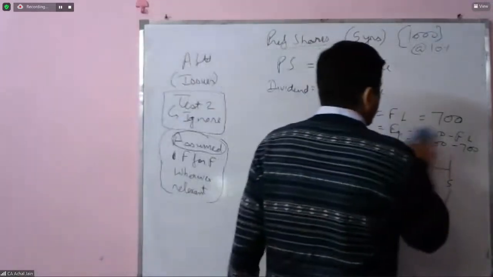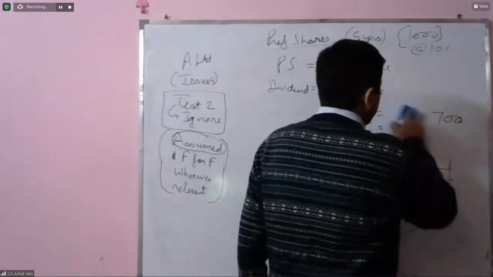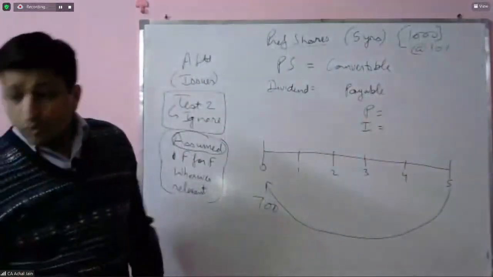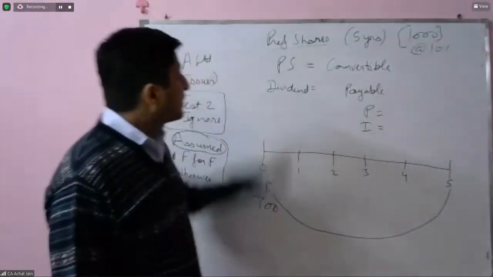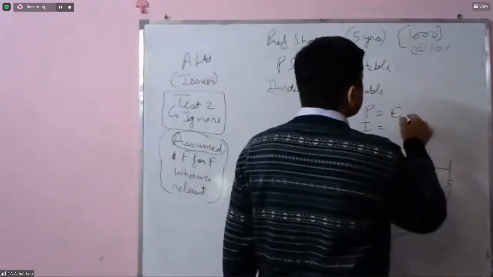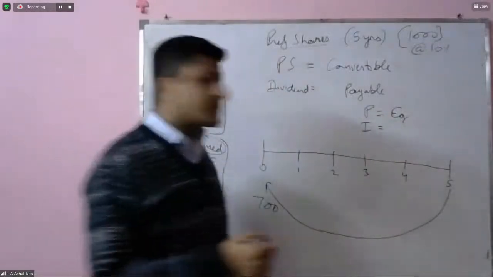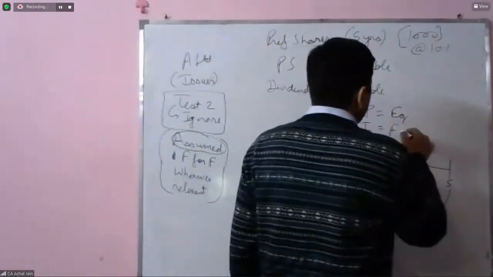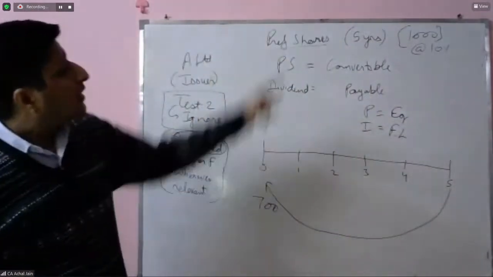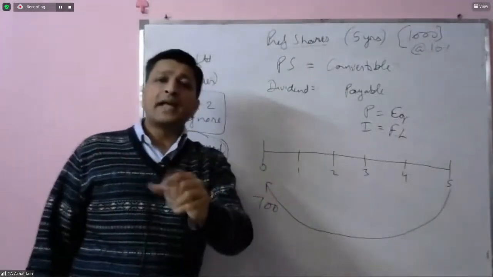Now, once again, we will have to apply the same principle to check the outcome, to check the assessment. Now, in this case, principal is what? Equity. And interest is what? Financial liability. And what does the contract require? That every year interest will be paid at 10%.